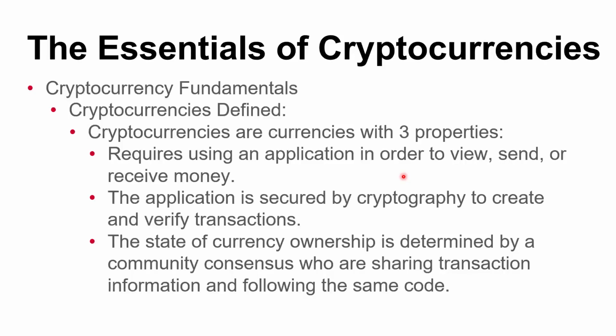We have to be able to understand who owned the currency and who it's been sent to. And there needs to be some form of consensus. Usually, cryptocurrencies are transacted in an open blockchain, and we saw before that blockchains are distributed in nature. So we need some kind of community consensus to verify that all the ledgers agree.